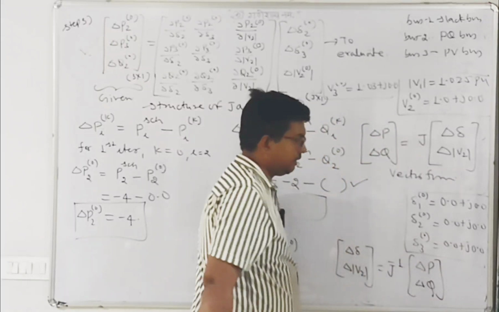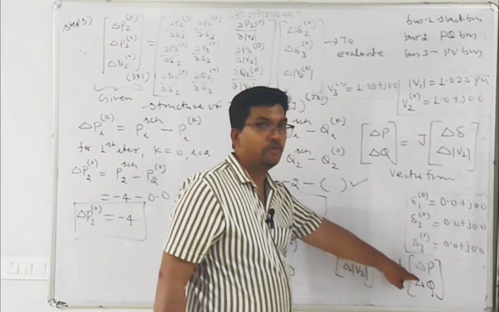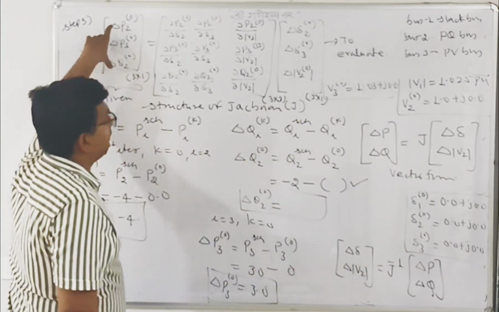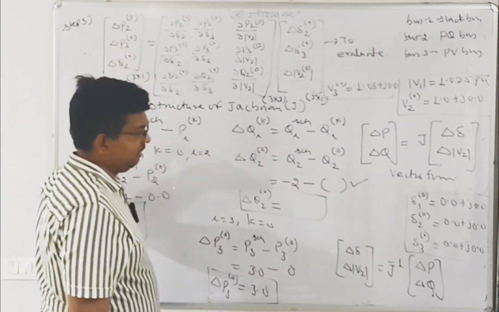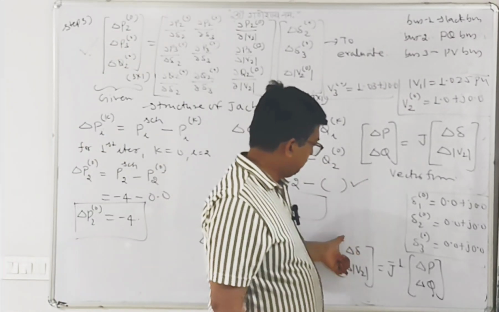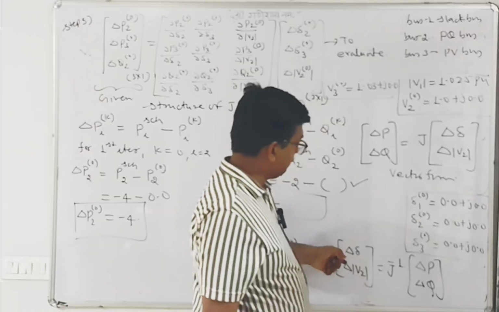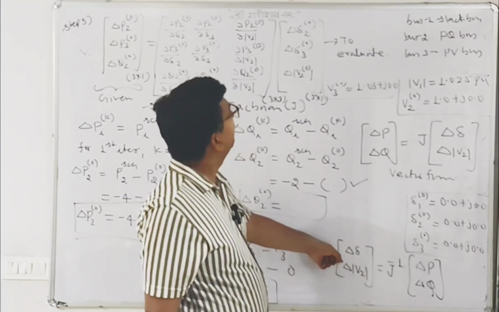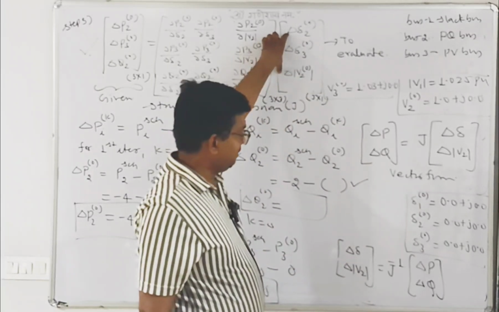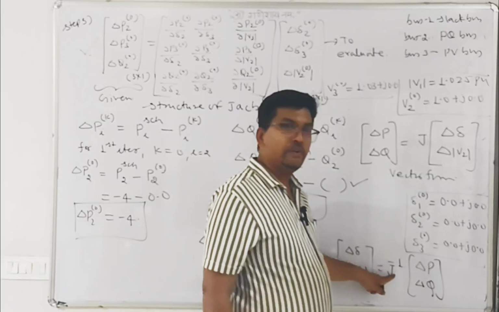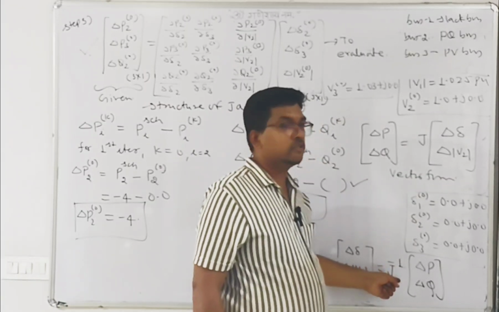Now delta P and delta Q, that is a vector form. We have already determined this, and these are the unknown quantities. These are vector representations whose internal representation is this, and we have to find out the Jacobian first, then take the inverse of that.